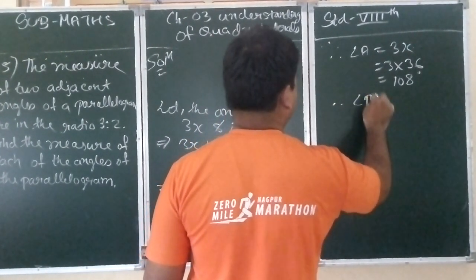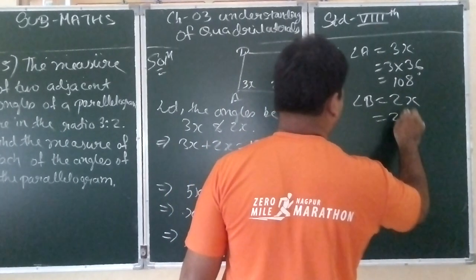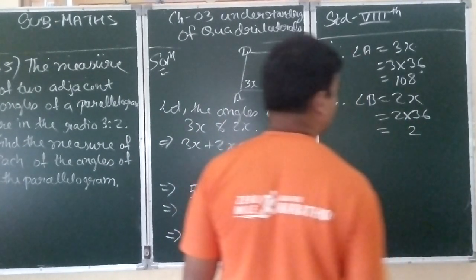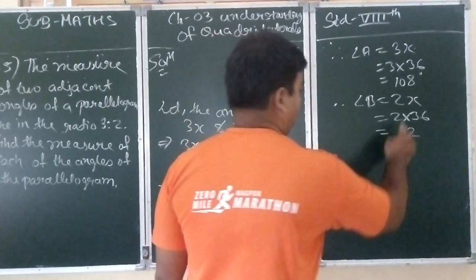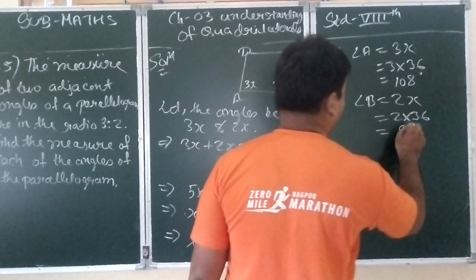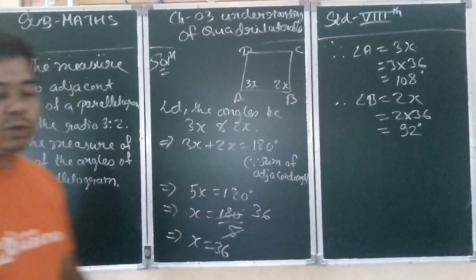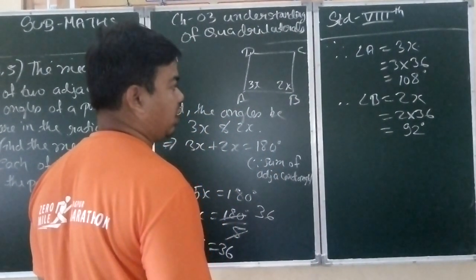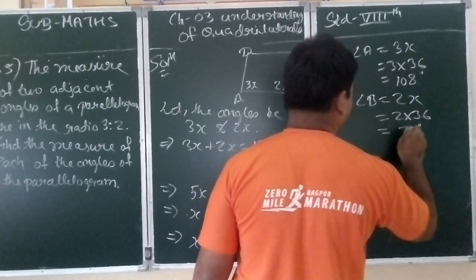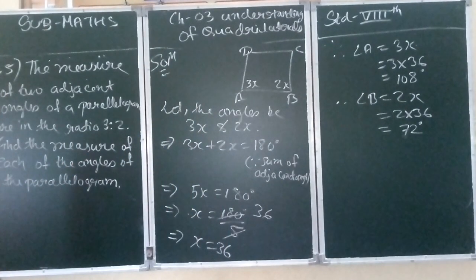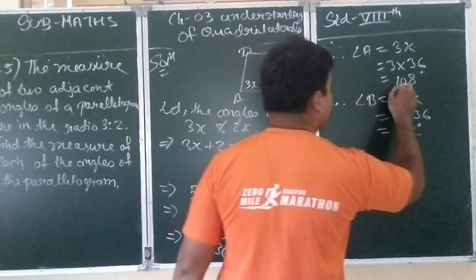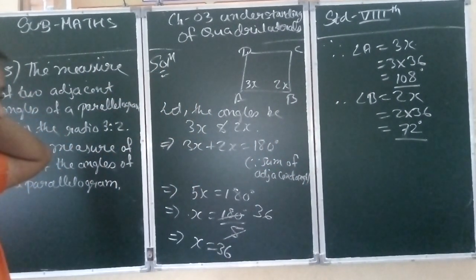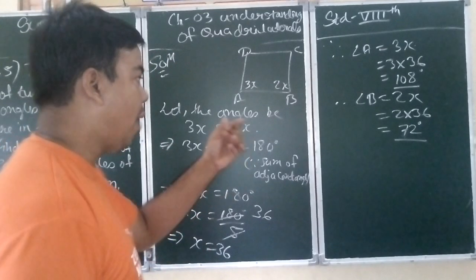And angle B is equal to 2x, so 2 into 36 is 72 degree. Angle A is 108 degree, angle B is 72 degree. If you add 108 plus 72, our answer is 180 degree, which means our answer is correct.